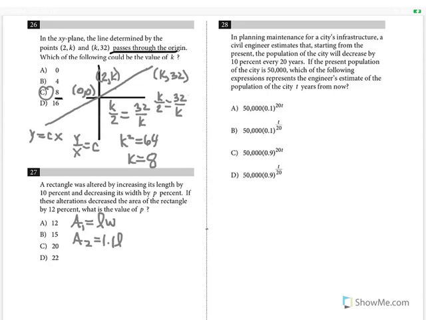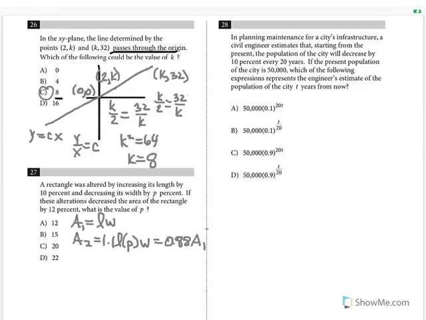And that is multiplied by, we're decreasing the width by p%, so p times W. And that is equal to 0.88 times the area A1. All right. So we decreased the original area by 12%, so this new one is 88% of that original area.